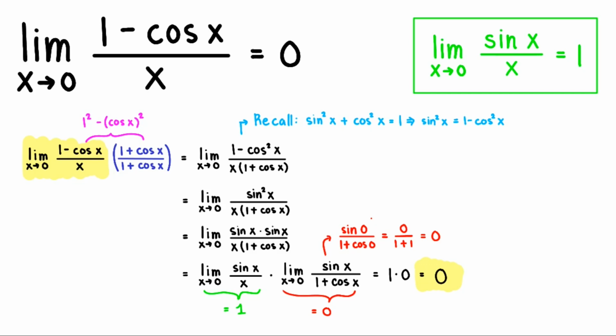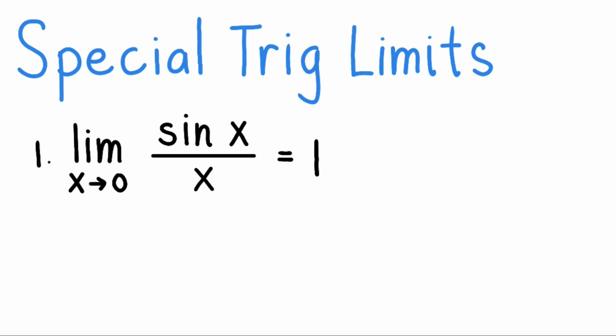So to end this, let us summarize what we learned in this video and in the last video. So we learned about the two special trigonometric limits. The first is the limit of sine x over x as x approaches 0 equals 1.